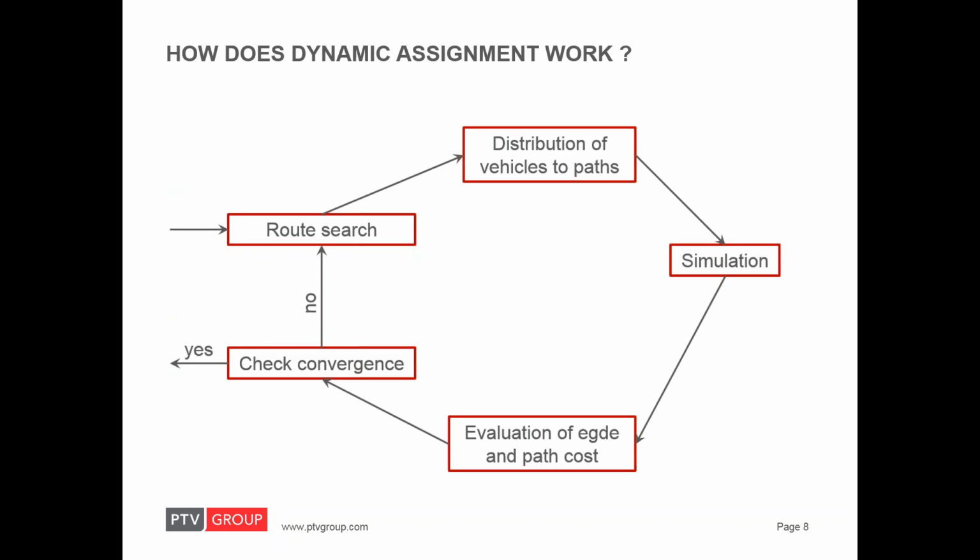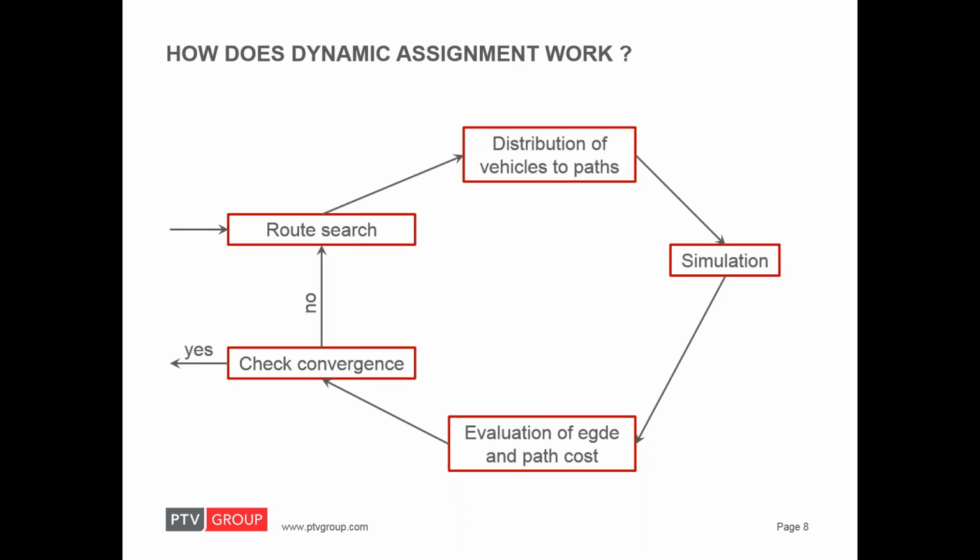So if you use dynamic assignment in Vissim, there are no changes compared to the microscopic simulation. It works in the way we know it, in steps. You start with a route search, and then the vehicles are distributed to paths, and then the simulation follows, meaning that the vehicles are traveling along their assigned paths.